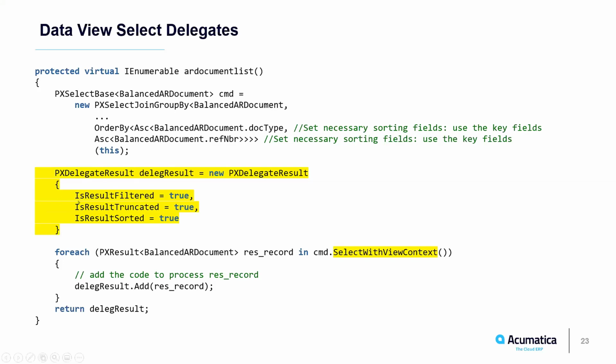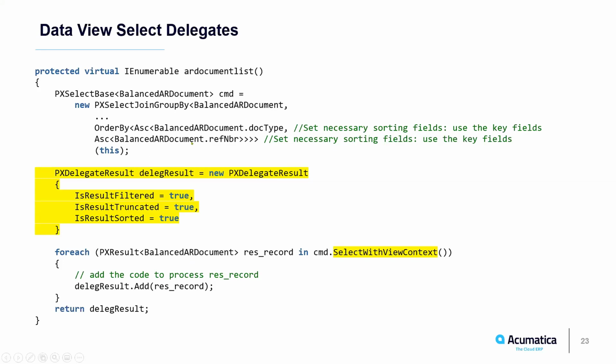So you use the is result filtered, is result truncated, is result sorted properties to indicate that the result is ready, just take it and use it as is. Otherwise, the view doesn't know that you've already done that, and it will try to refilter, resort, and truncate the data, which will cause additional processing time.